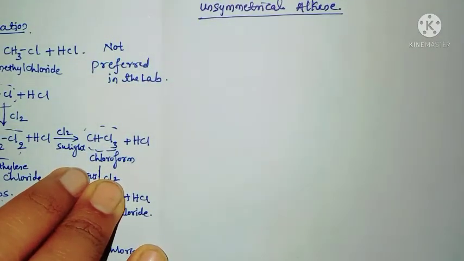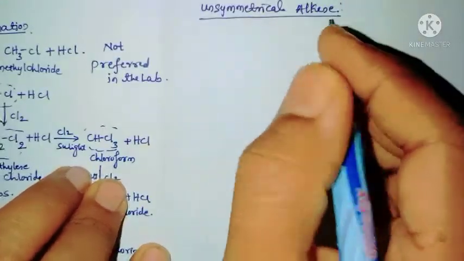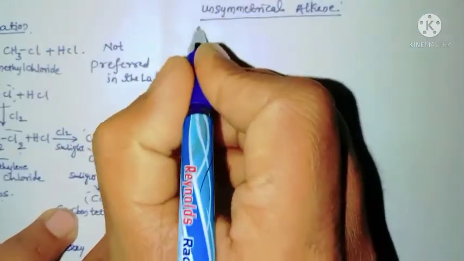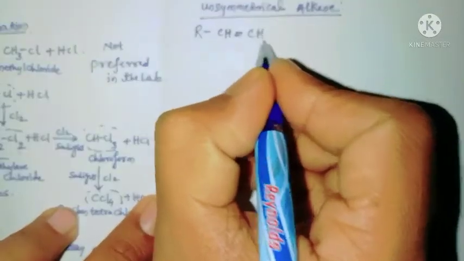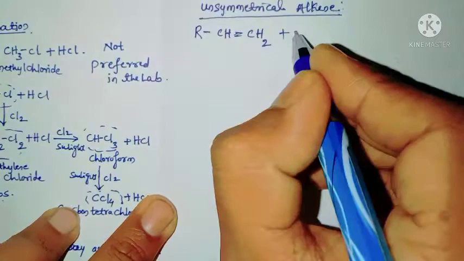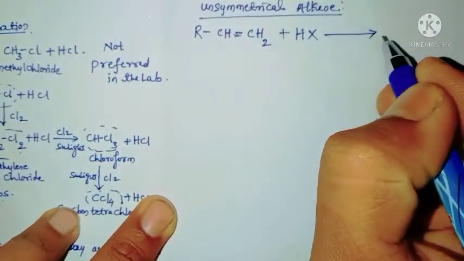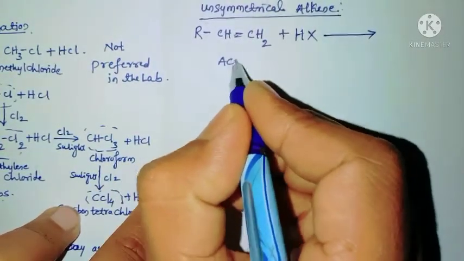Next we will discuss the addition of HX to an unsymmetrical alkene. How does addition take place in the case of an unsymmetrical alkene? I will take here R CH double bond CH2. This is an unsymmetrical alkene. When it reacts with the halogen acid, addition takes place according to the Markovnikov rule.